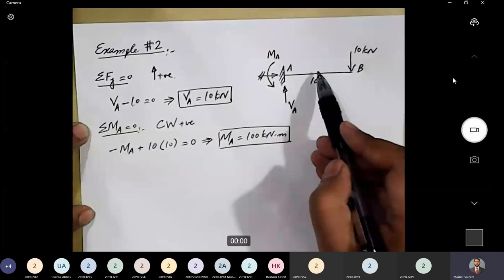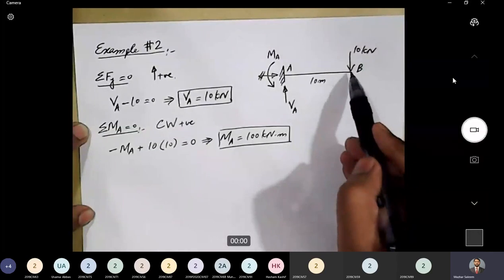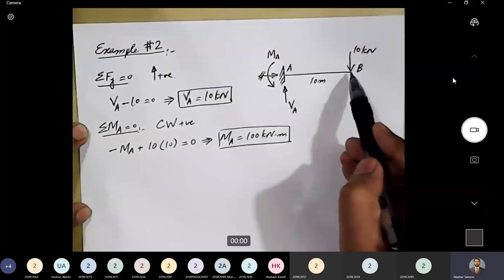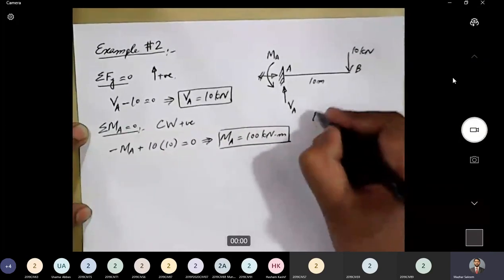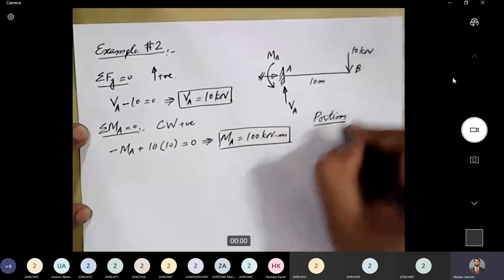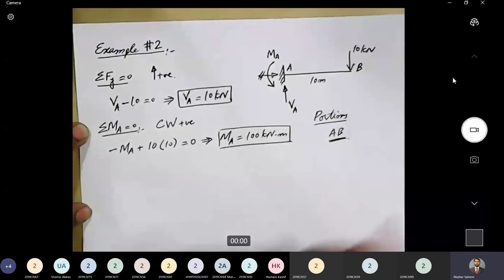At point B, we have a point load, and that is the termination point of the beam. There is nothing present on the right side of it. So there will actually be only one portion, AB. In this beam, we do not need to consider two or three different portions. There is only one portion, equal to the entire length of the beam.